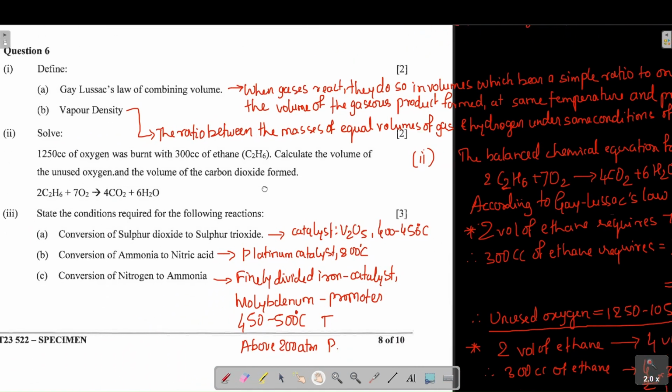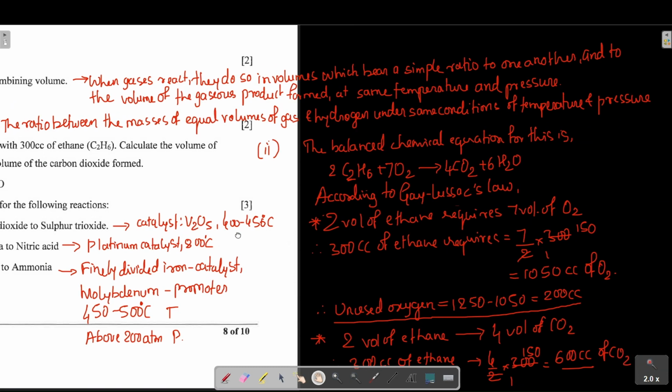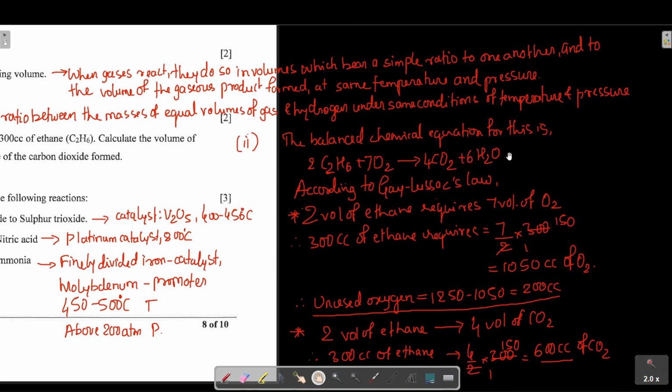Solve. Based on Gay-Lussac's law, this question is given. 1250 cc of oxygen was burnt with 300 cc of ethane. Calculate the volume of the unused oxygen and the volume of carbon dioxide formed. This is overall 2 marks. Balanced equation they have already given. That's good. So just write the balanced chemical equation here. According to Gay-Lussac's law, 2 volumes of ethane require 7 volumes of oxygen.